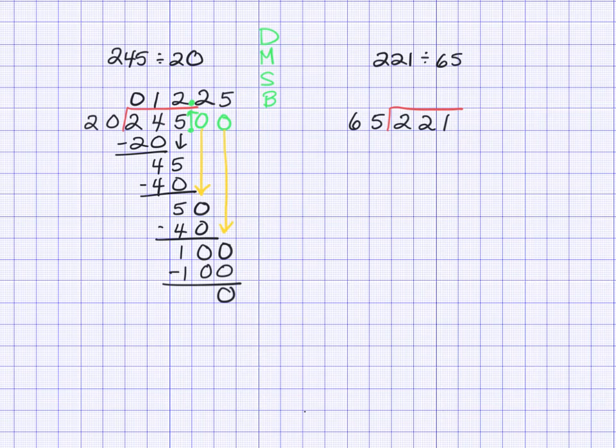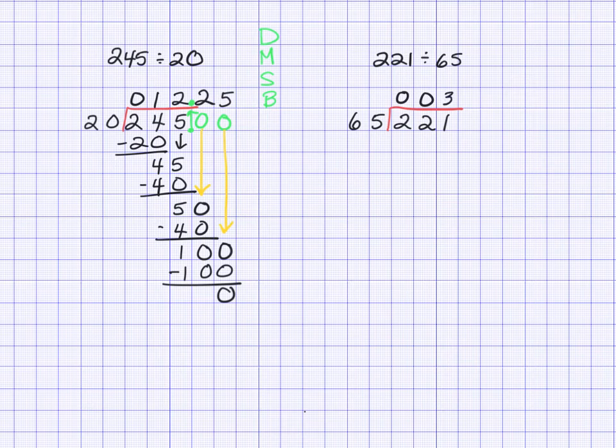I have 221 divided by 65. I cannot do 2 divided by 65, so I'm going to put a 0 up there. I also cannot do 22 divided by 65, so I actually need 2 zeros. But I can do 221 divided by 65.